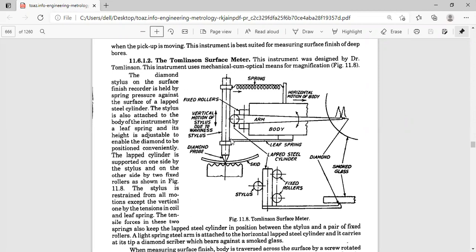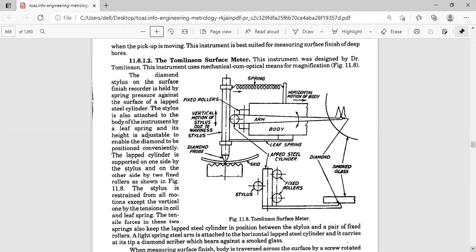So how are you trying to restrain? Simply, you cannot do magic. So you have to restrain all other movements except the vertical one by the tensions in the coil and the leaf spring. Whenever you have studied strength of materials, mechanics of solids 2, or the design of coil springs, you will know the deflection formulas or the tensile forces.